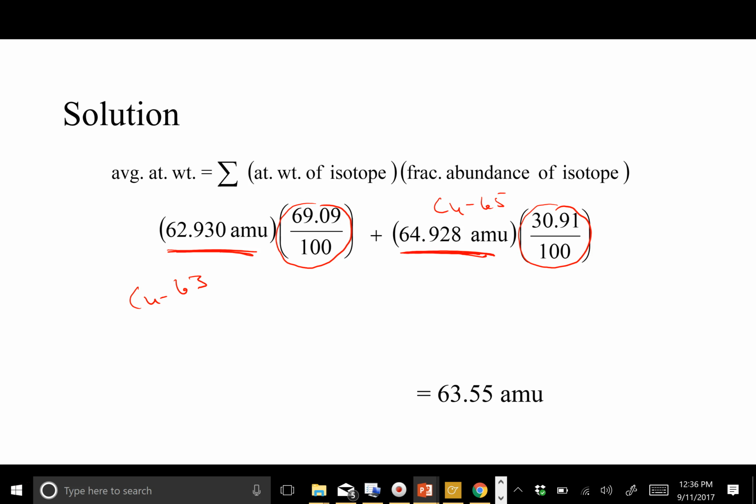Seems kind of anticlimactic. I've been all over you guys about how you round your answers, okay? And for a problem like this, I'm going to just give you a general rule which will be consistent with what we talked about before, and also isotopic information you're most likely given.